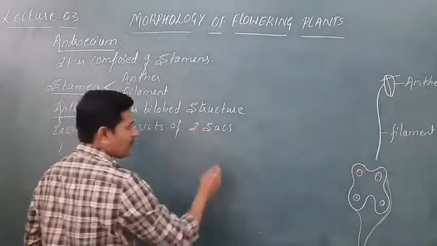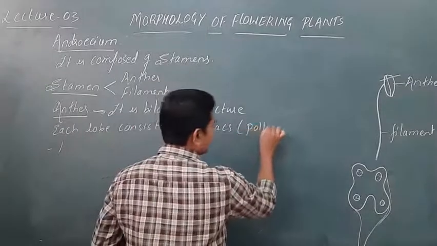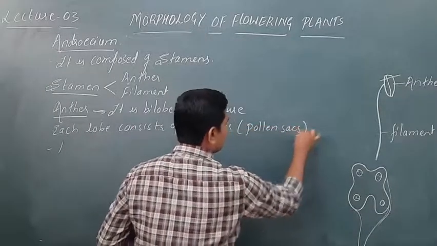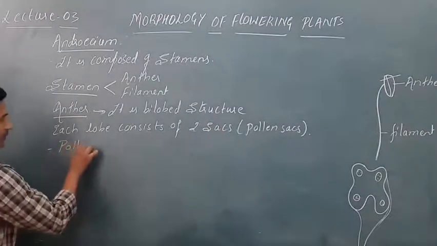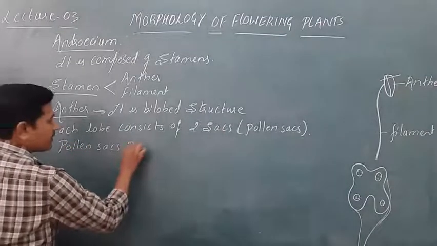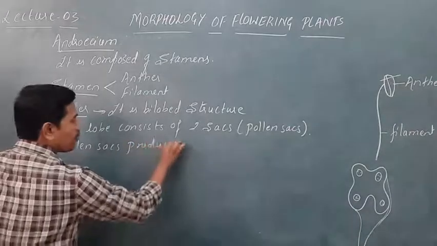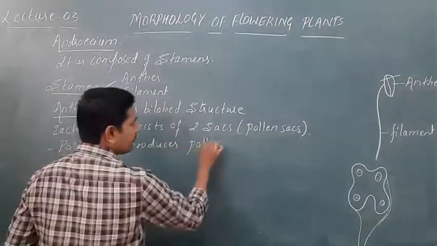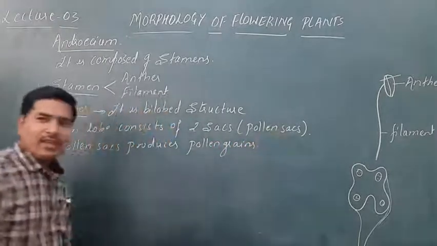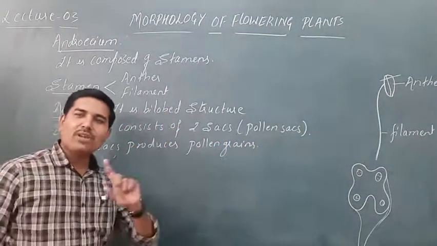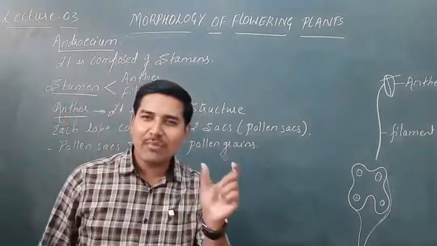These two sacs are called as pollen sacs. Then pollen sacs produce what? Pollen grains. What do they produce? Pollen grains. And the pollen grains are called as a male gametophyte.